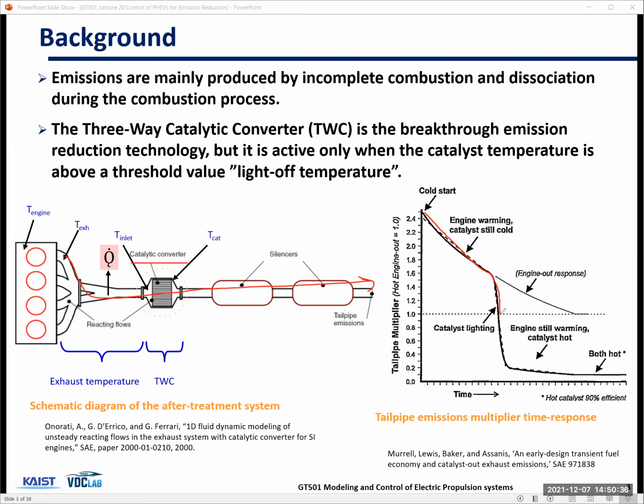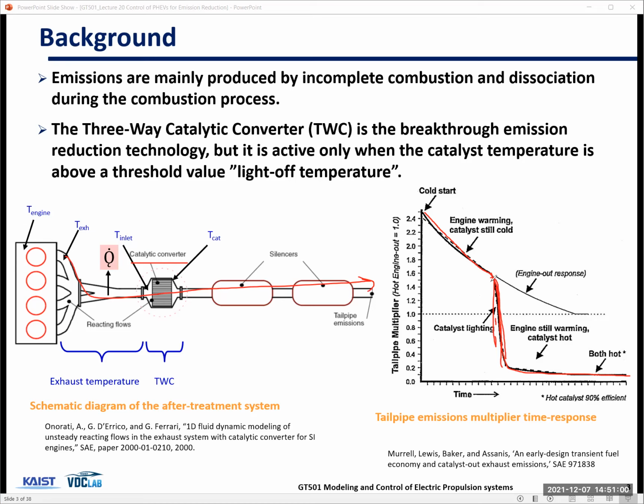And then, boom, you can see that the tailpipe emissions, harmful emissions, dramatically drop and then stay there.